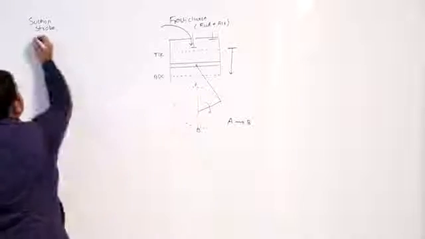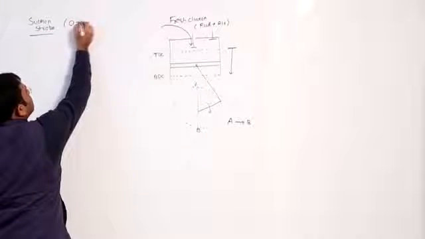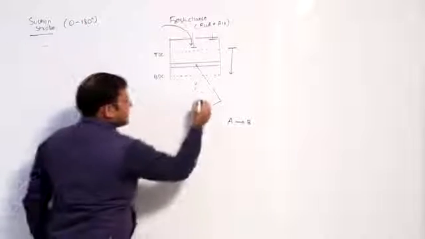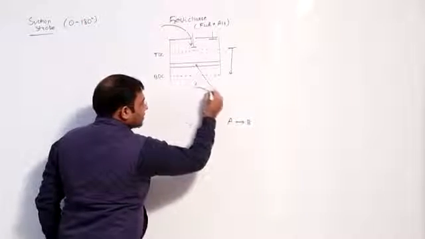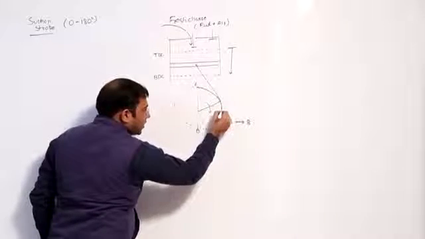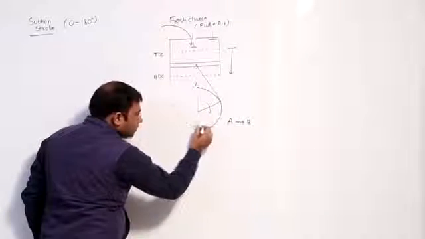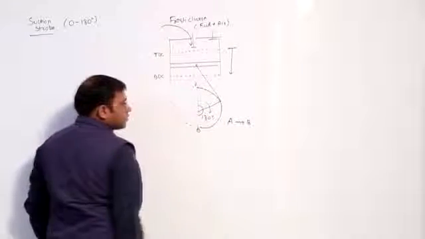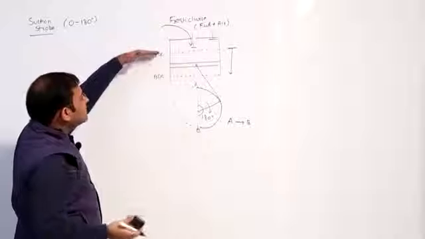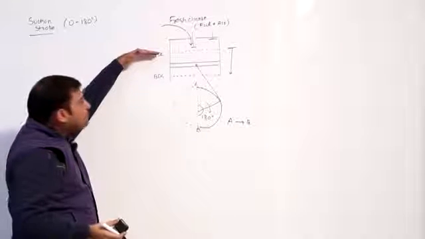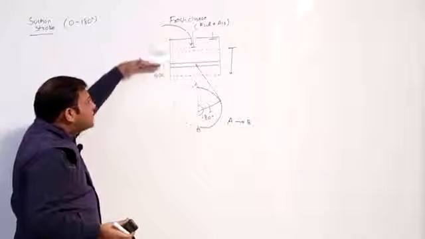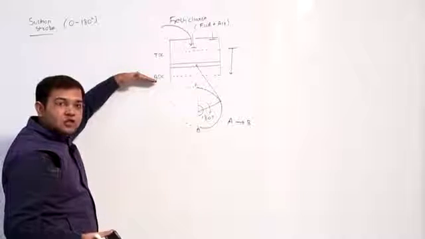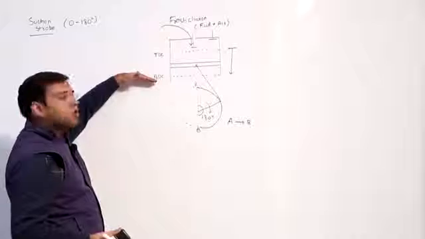So the suction stroke takes place across 0 to 180 degrees of crank rotation. The crank is moving from position A to B, so there is 180 degrees of crank rotation. This is the first stroke, or the first event, of the Otto cycle.